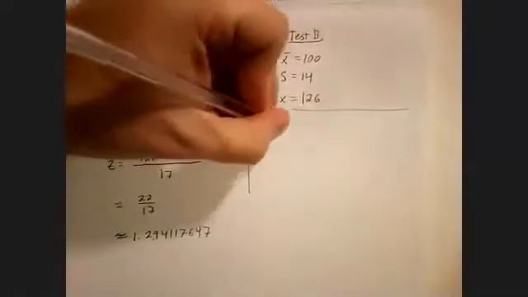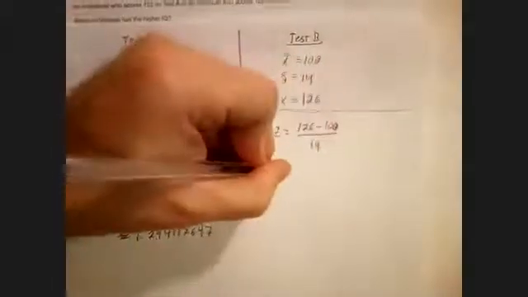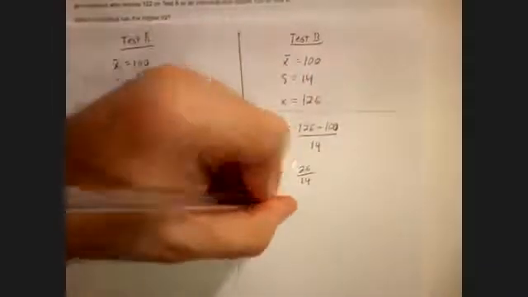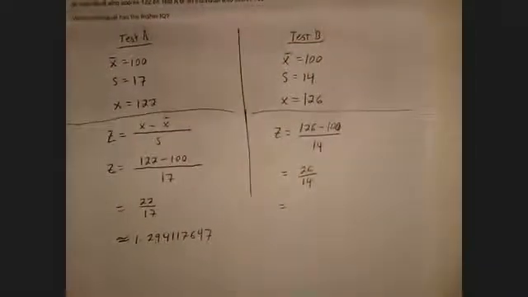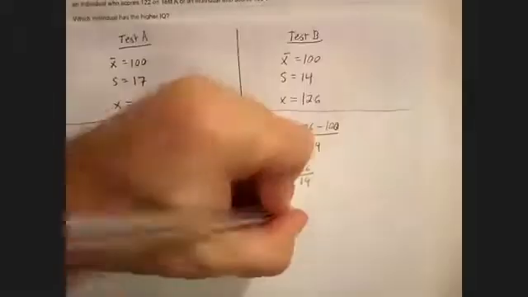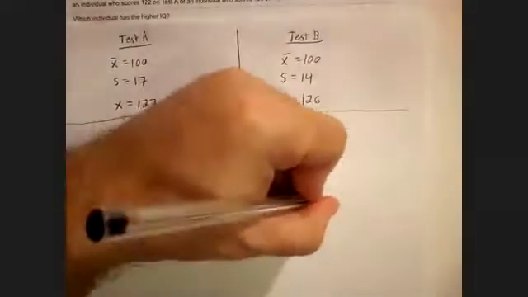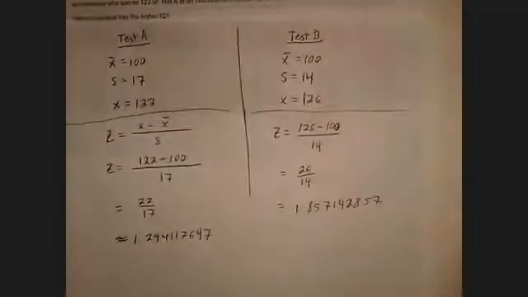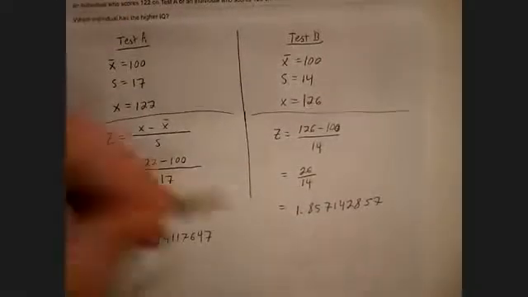Z is 126 minus 100 over 14. Okay, so that's 26 over 14. Let's do that. 26 over 14 is 1.857142857. All right, so which one is bigger? Obviously this one.